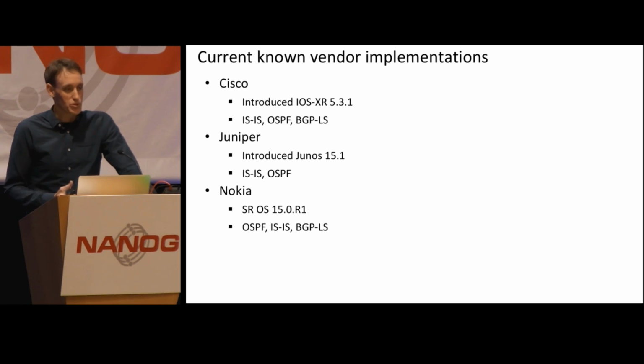All of them support using regular adjacencies or GRE tunnels to ingest that LSDB topology information. Juniper was the only one I found that did not yet support BGP-LS to ingest that information. Nokia just recently implemented this on their boxes as well and supports all of the different topology acquisition methods.